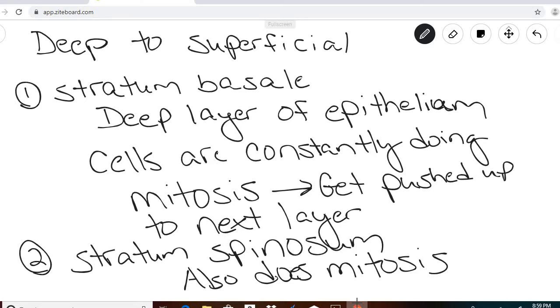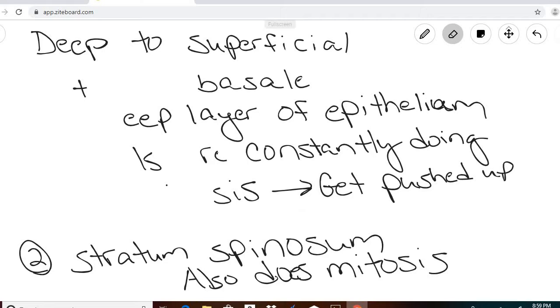So the two bottom layers of the epidermis are the two layers that do mitosis.